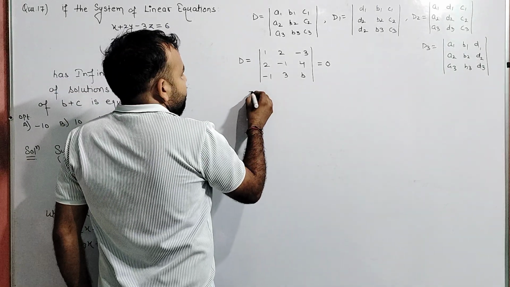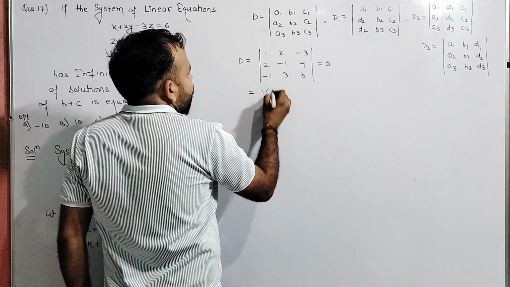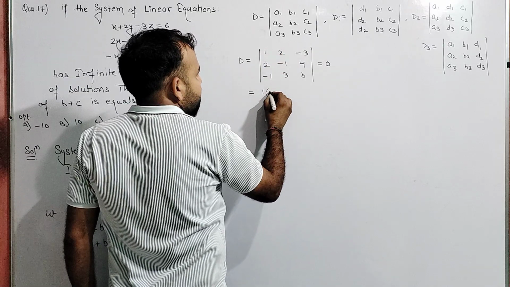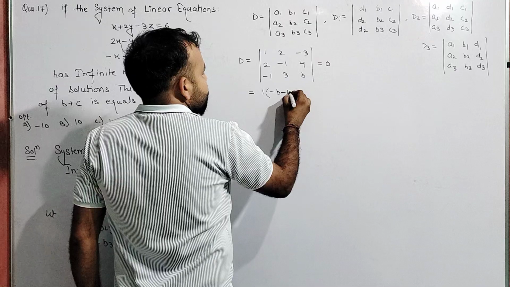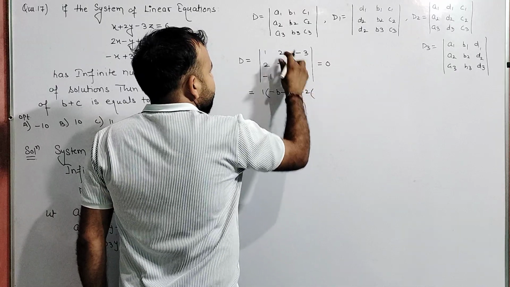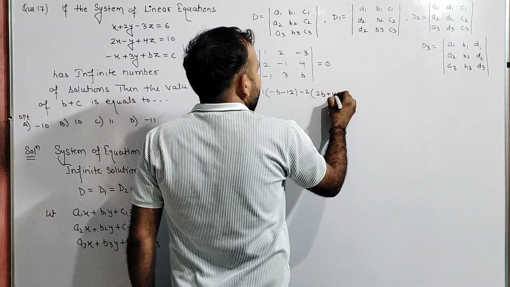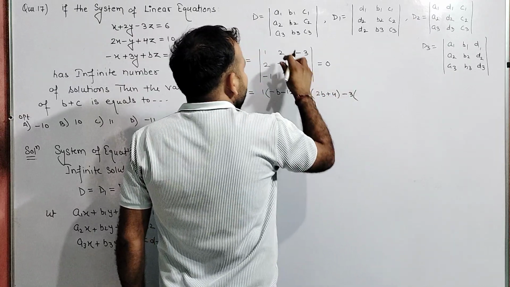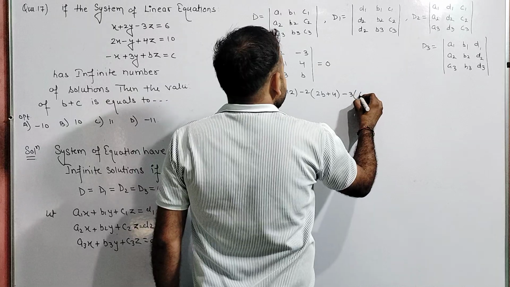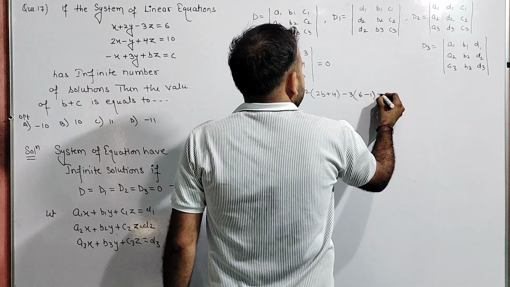Solve this determinant, expand along the first row: 1 into minus b minus 12, minus 2 into this one and this one, so we got 2b plus 4, minus 3 into this one and this one, 6 and minus 1, that is equal to 0.